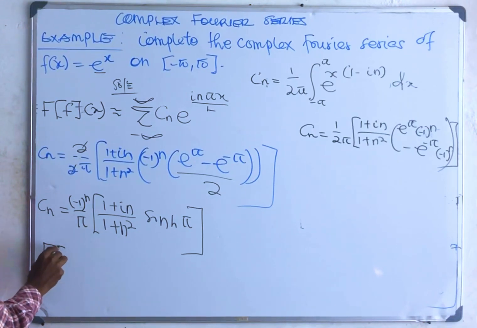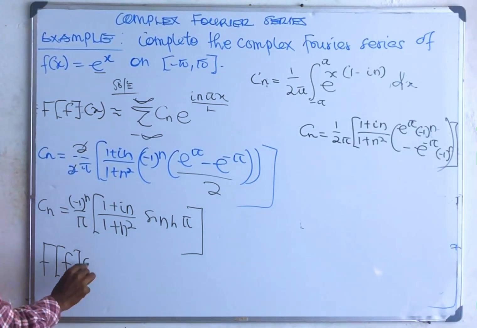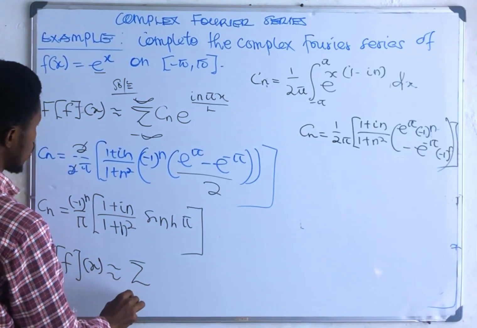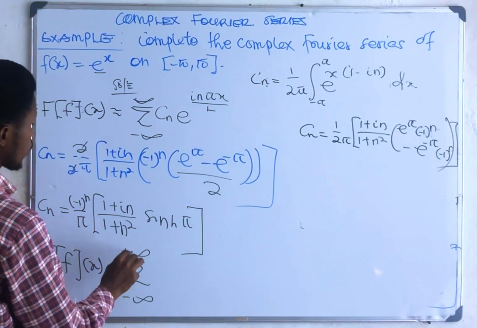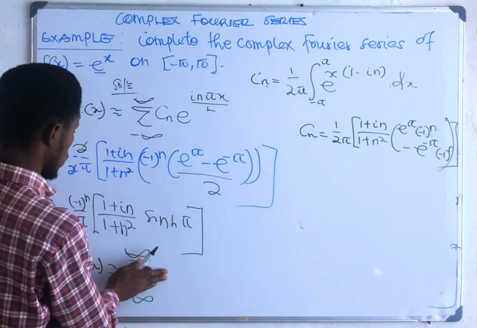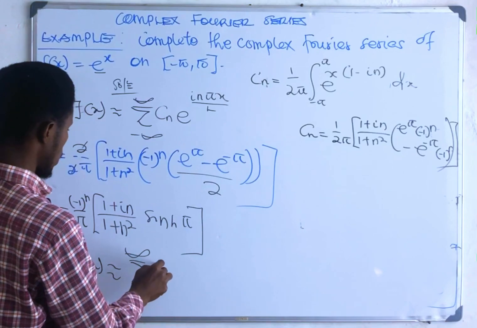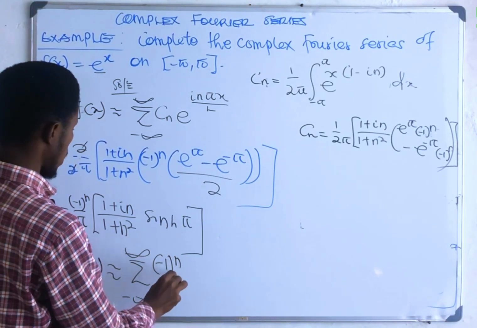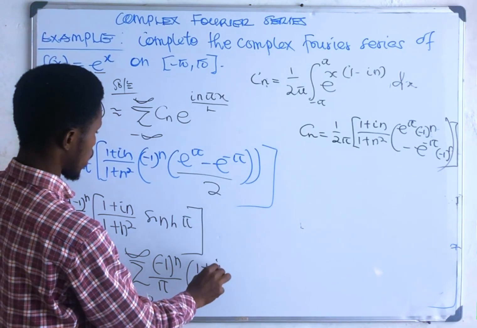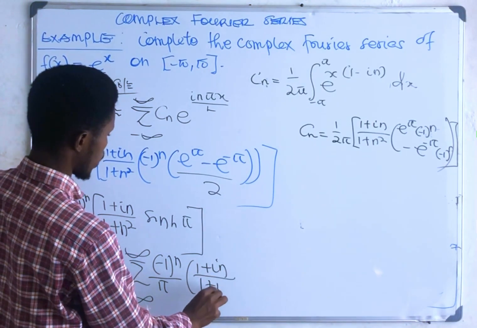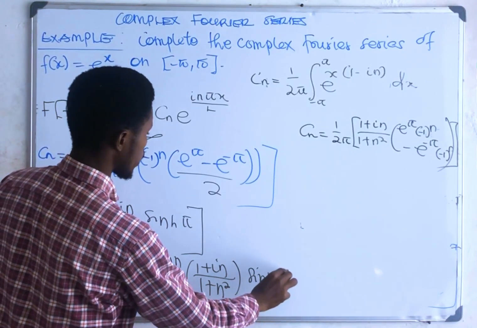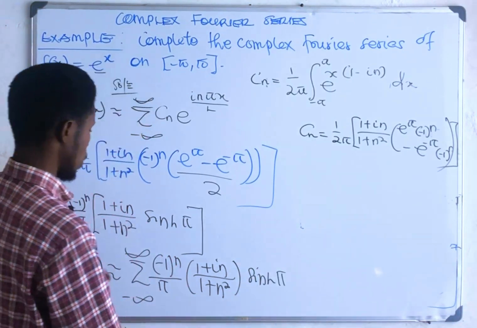So my f, small f of x, will be approximately the sum from negative infinity to positive infinity of Cn, which is negative 1 to the power n divided by pi, bracket open (1 plus in) all divided by (1 plus n squared), sinh pi.